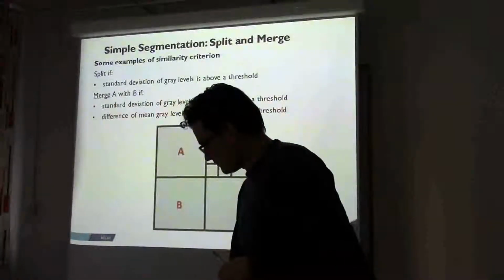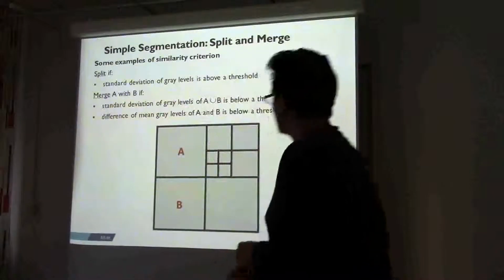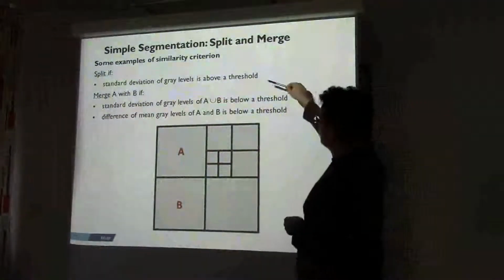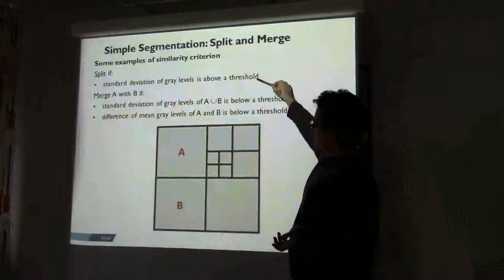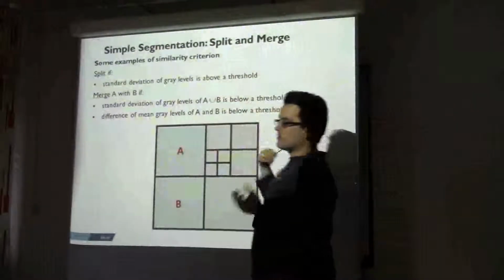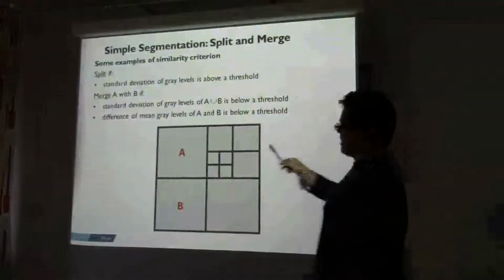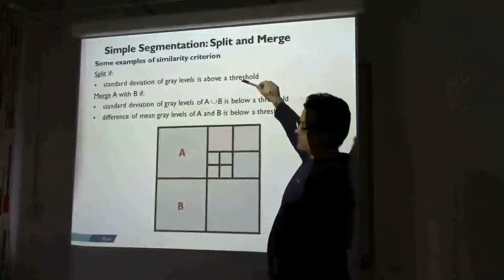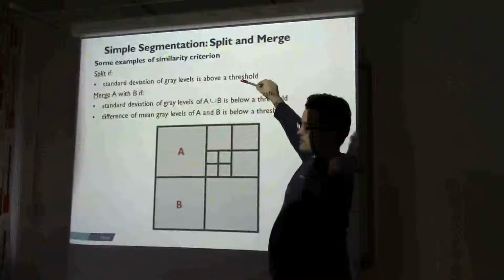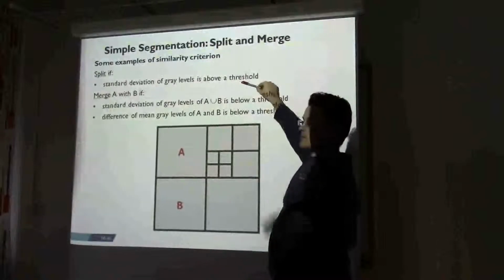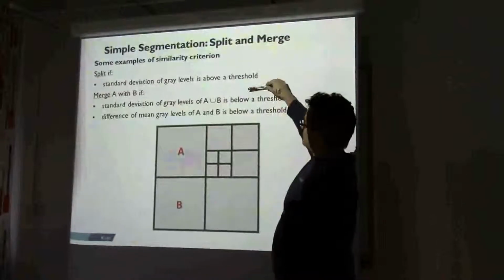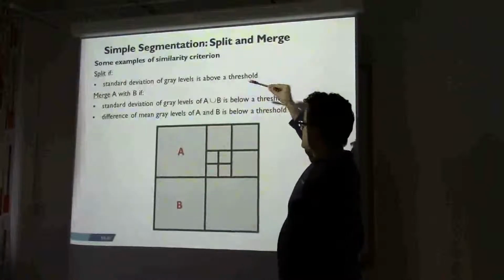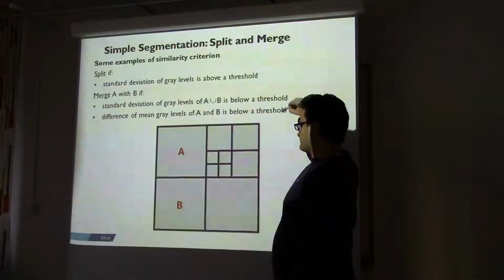Just some criteria for splitting and merging. You split, for example, if the standard deviation of gray levels is above a threshold. So you have a region with a standard deviation of gray value quite high, so you think it's not homogeneous, then you split this region. And to merge, there are different criteria that can be used.